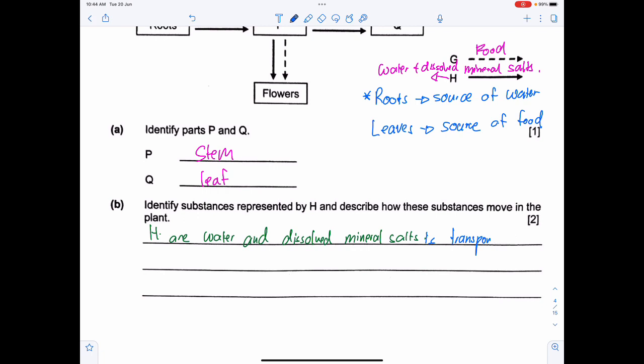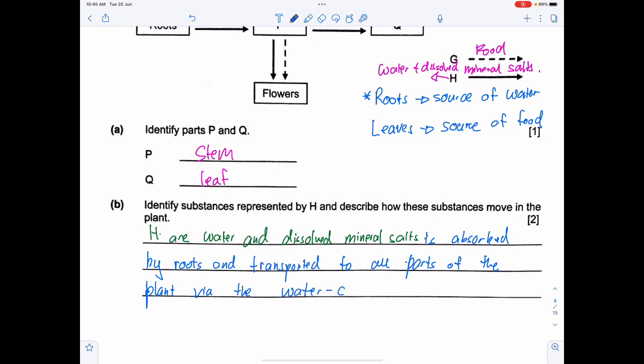Okay, sorry. Let me backspace. Is absorbed by the roots and transported to all parts of the plant via the water carrying tubes.